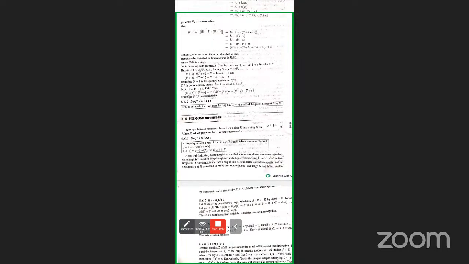But homomorphism is nothing but pi is a function from R to R dash, so different domain, different codomain. A one-one homomorphism is called monomorphism, an onto homomorphism is called epimorphism, and a bijective homomorphism is called isomorphism.